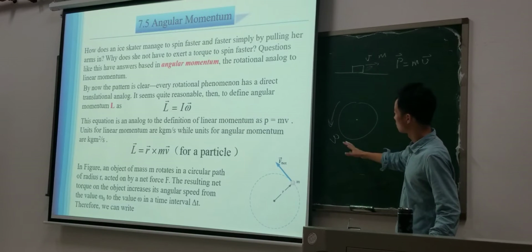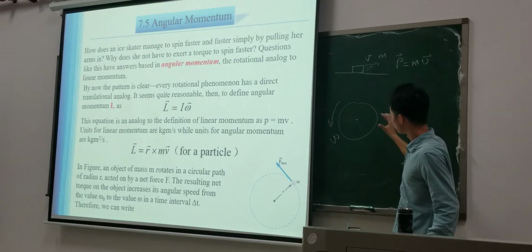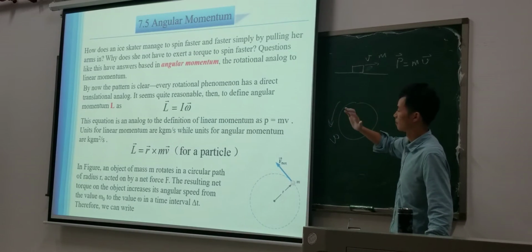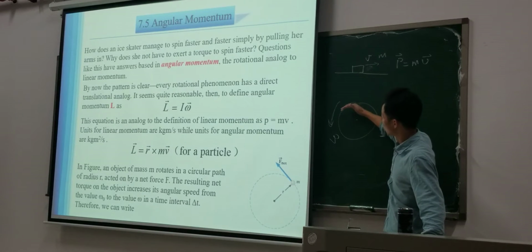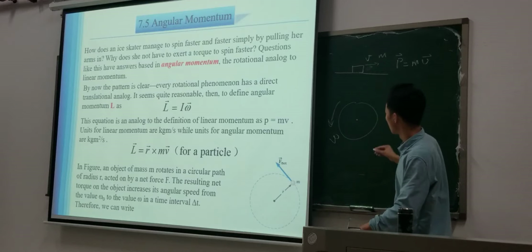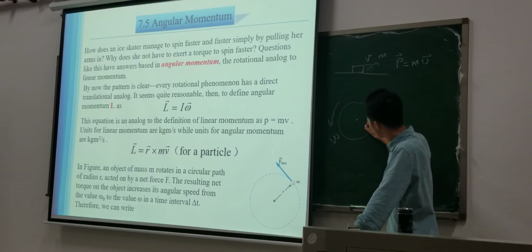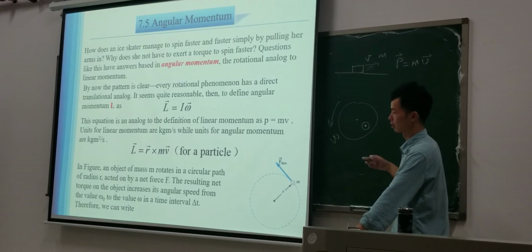For the direction of the omega, we should use our right hand. The fingers rotate along the omega. So then the direction of the omega is outside, out from the blackboard.